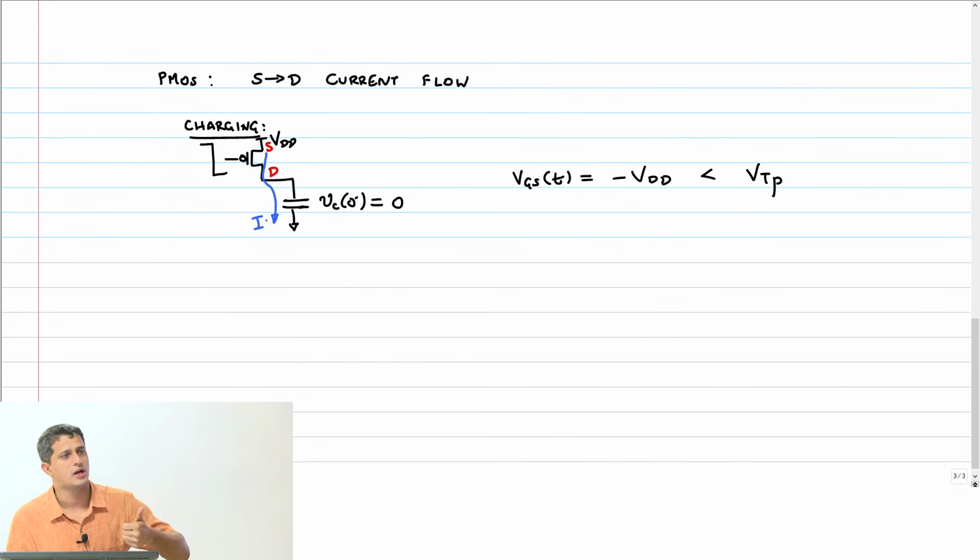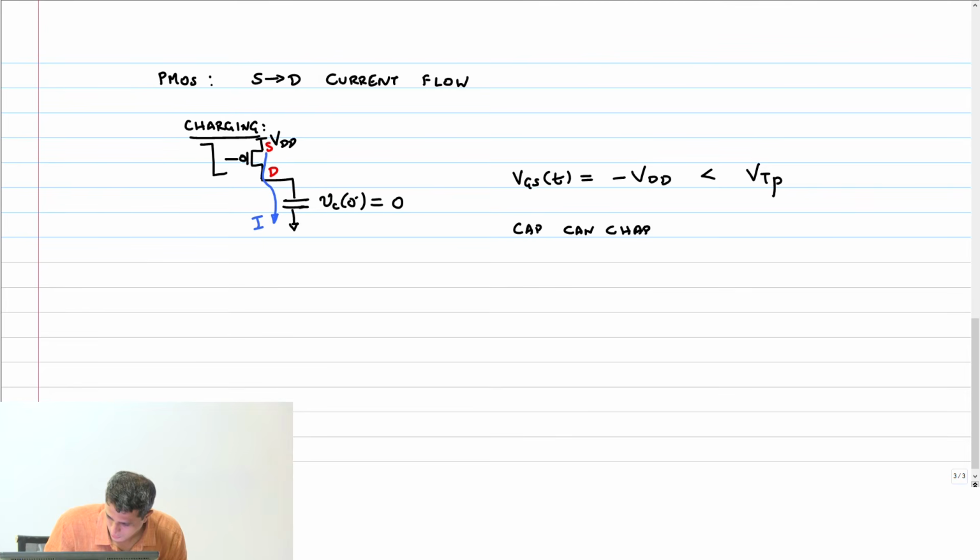So PMOS charging, no problem, it can go rail to rail all the way to VDD. The cap can charge to VDD. What about discharging?